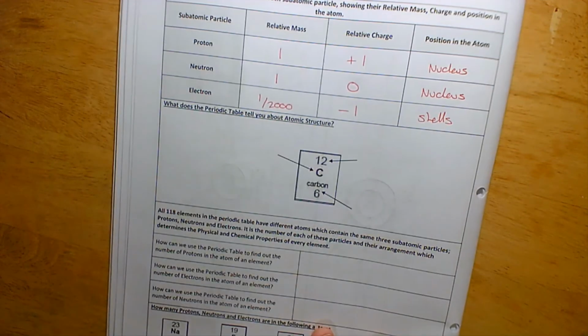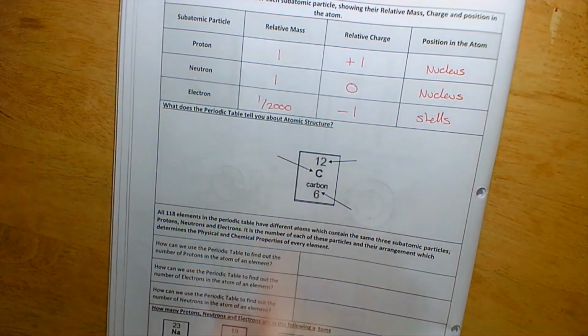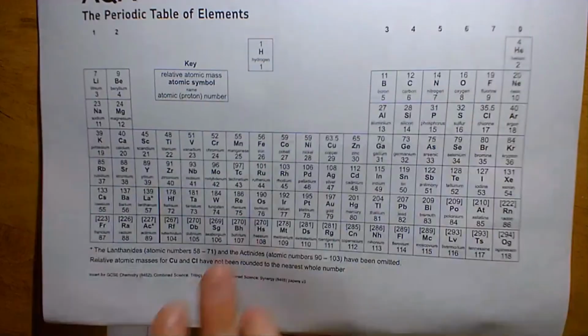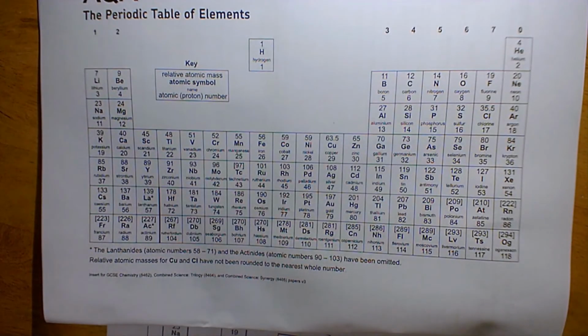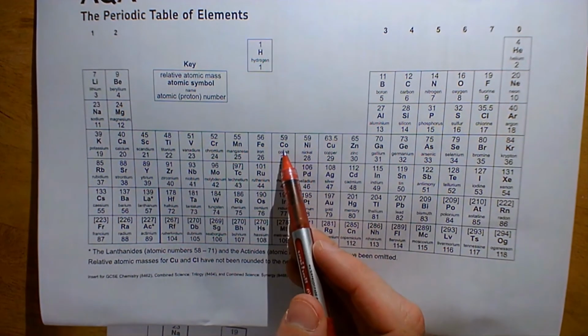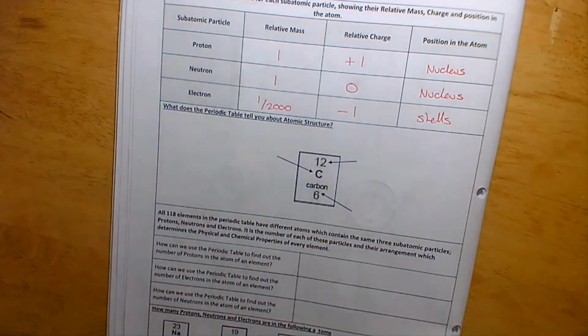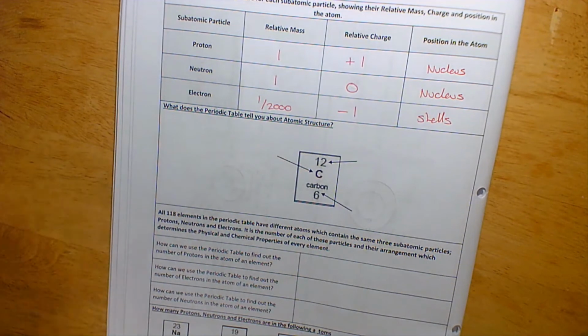But when you're looking at the periodic table, you'll notice I've got an image of carbon, but every single element you are told the same information. You're told its chemical symbol, and you're given 2 numbers. Now, those 2 numbers have names.